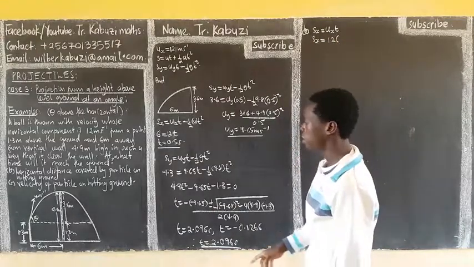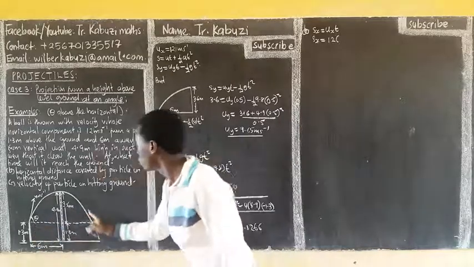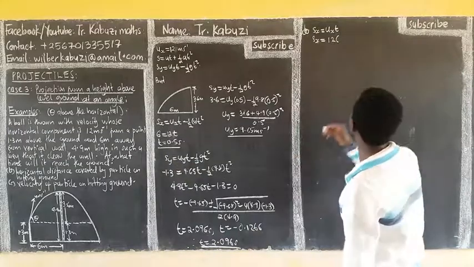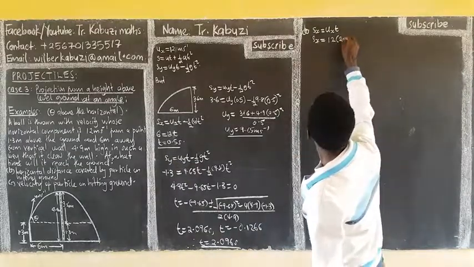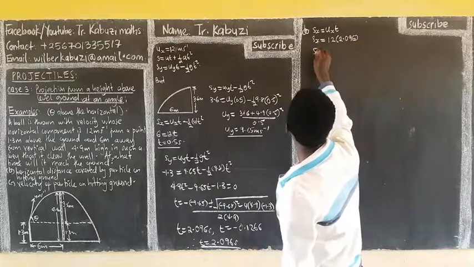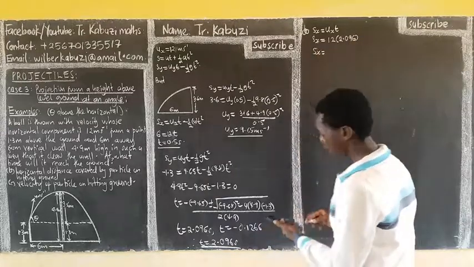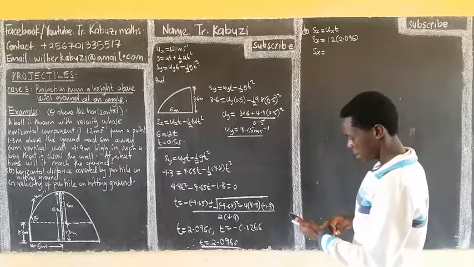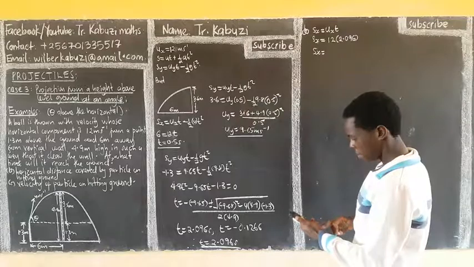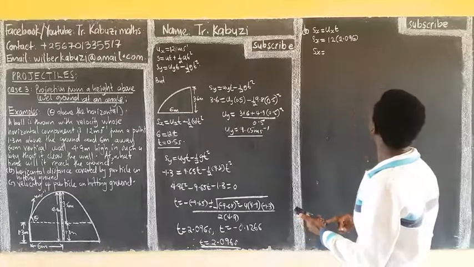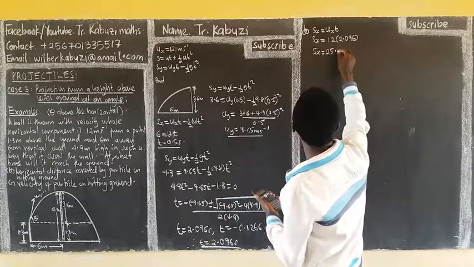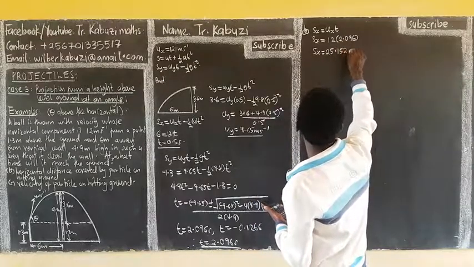The time we need to come is the time we are going to use here. But that time is going to be this for the whole journey, 2.096. And so my sx is going to be 25.152 meters.